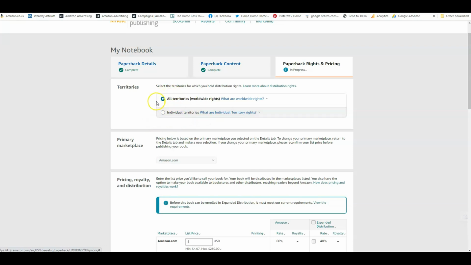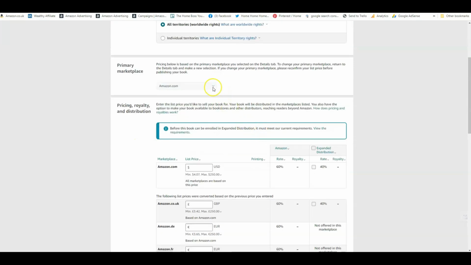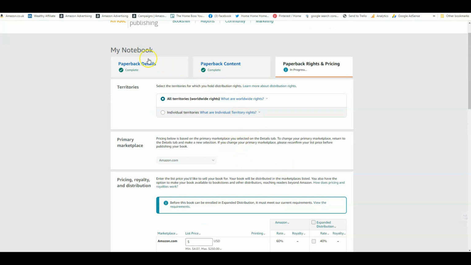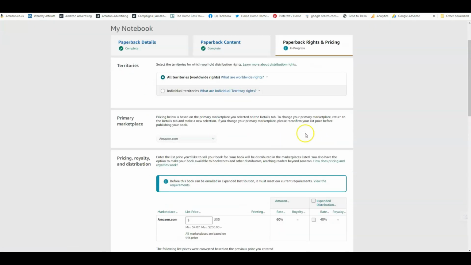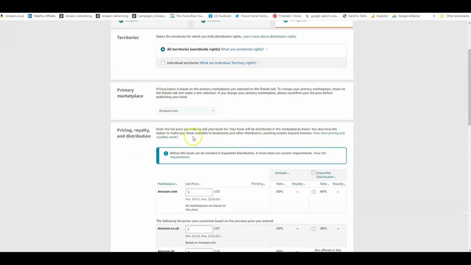But I really think you should try all of them. And then the primary marketplace is Amazon.com, which we have already chosen before on the first page, but you can check it here again, although it doesn't really let you change that. But if you wanted to change it, you could just go back onto the paperback details here and do that. I always choose Amazon.com, so that's fine.